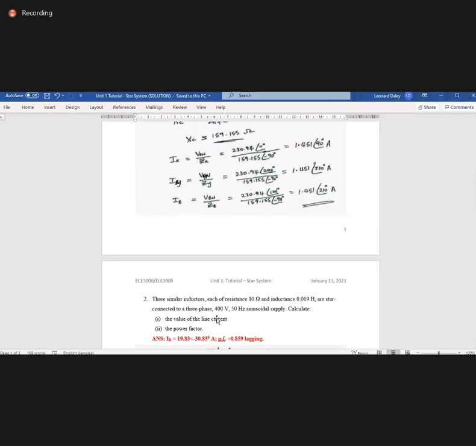If they had specified find the magnitude of the line current only, then you wouldn't need to find the angle. But since they didn't specify that, you find both.